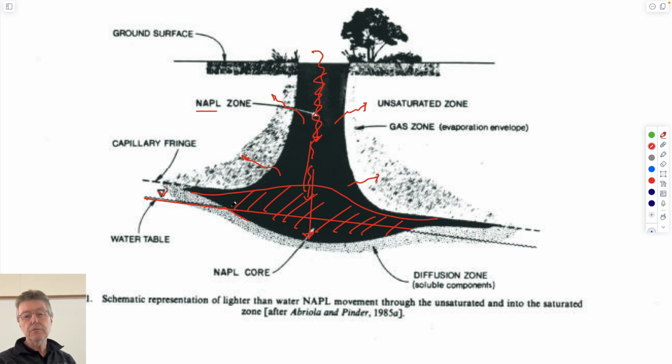Because interfacial forces are so strong, it's not very easy to recover it just by sucking it out. If you put a drill hole in here and suck it out, you'd certainly be able to remove this free product, but you'd leave a residual amount in situ, and that residual amount will dissolve, as shown by the stippling here, and get transported downstream.